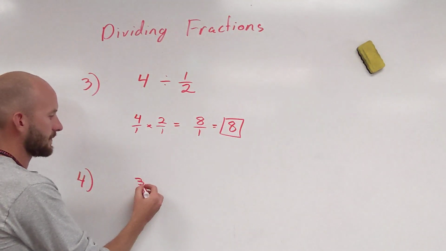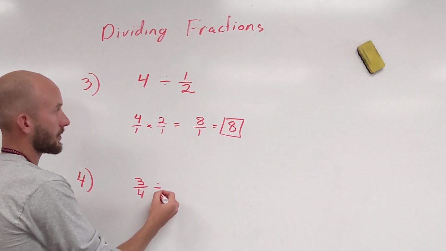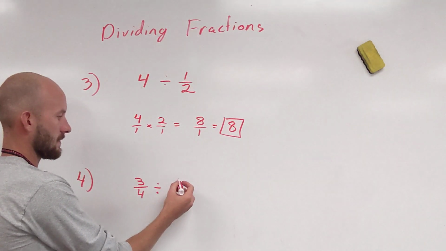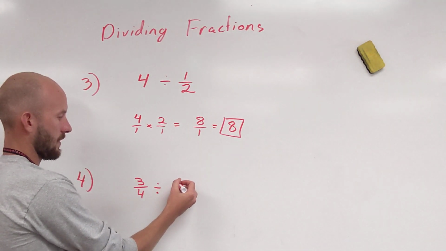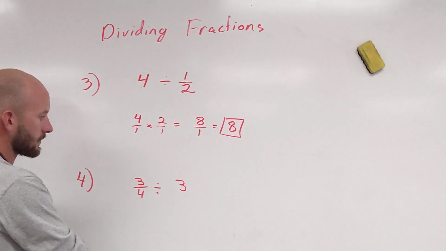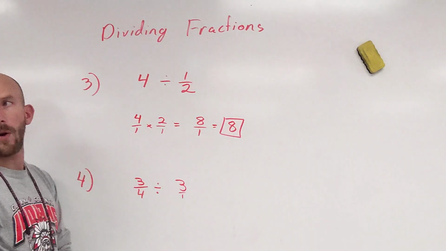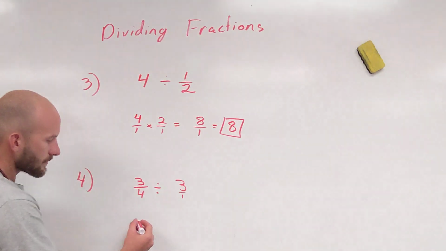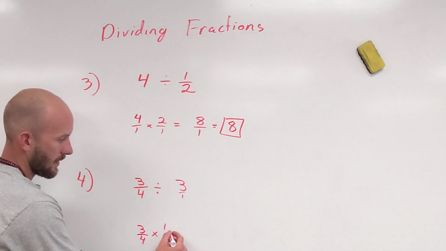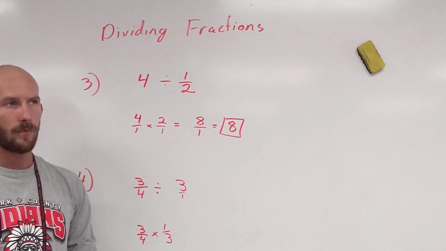For example, if I had 3/4 divided by, let's just say, 3 wholes. Again, I've got a whole number, put it over 1. That's the same as multiplying by the reciprocal, 1/3.